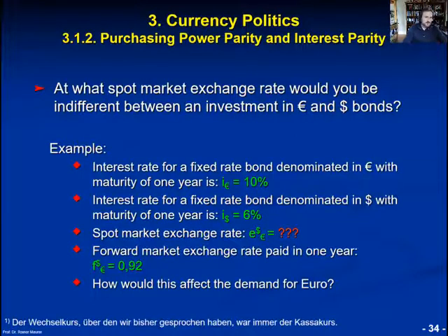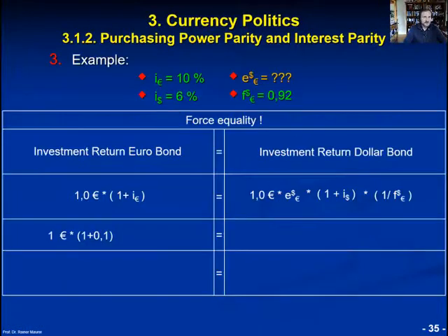To find the value of this exchange rate, we can set up an equation that equilibrates the euro return with the dollar return and leave the spot market exchange rate as an unknown variable. And then all we have to do is simply to solve for the spot market exchange rate. In the same way we have this already done for the purchasing power parity relationship. So let's do this now.